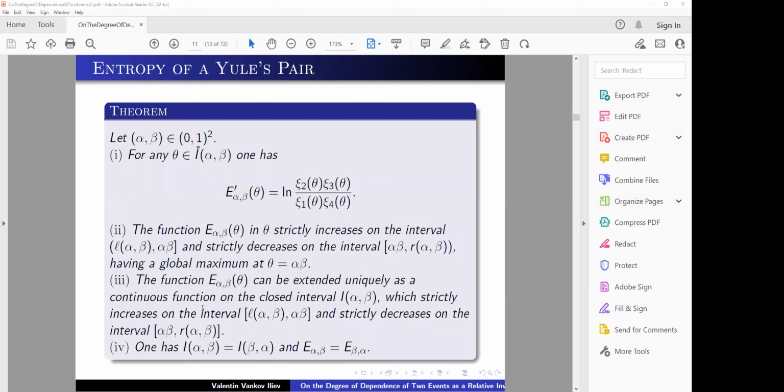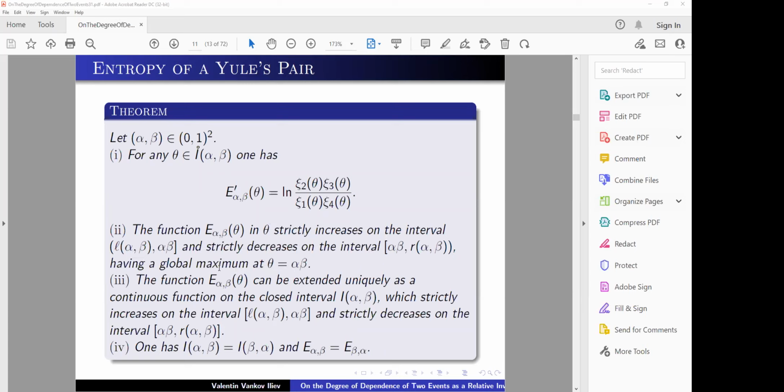And we have the following theorem that describes the behavior of that entropy function. Its derivative has this form. From this, it follows that the function strictly increases on this interval from the left-hand point to alpha beta, and decreases from alpha beta to the right-hand point, excluding those endpoints. And it has a global maximum at theta equal to alpha times beta.